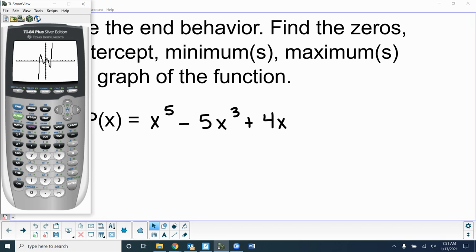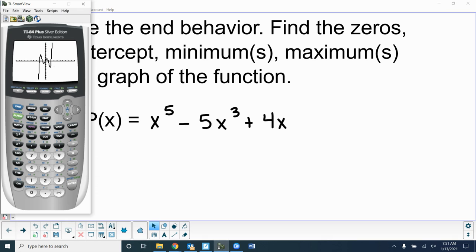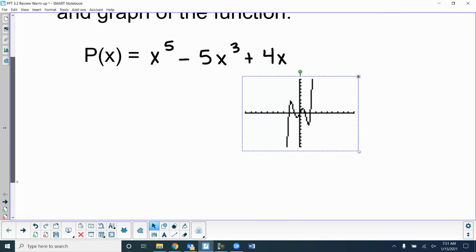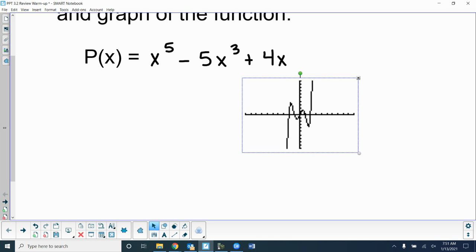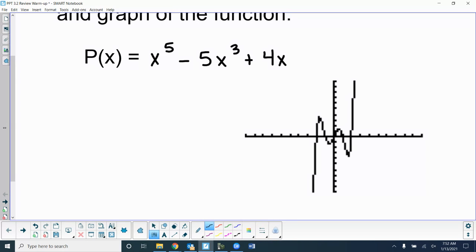Okay. All right, so you're going to sketch this when we do our quiz, okay? And then we got to find these zeros, which are where it crosses the x-axis.